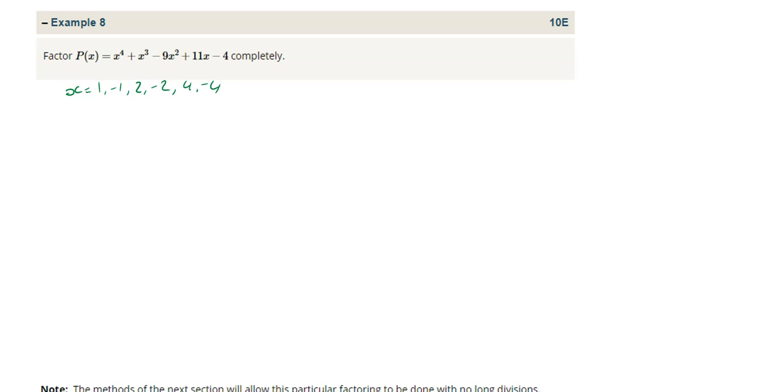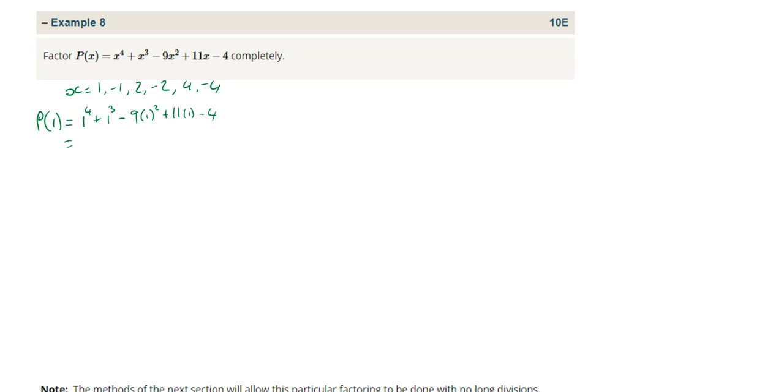Well, we'll start off with 1. So p of 1 equals 1 to the 4 plus 1 to the 3 minus 9 times 1 squared plus 11 times 1 minus 4.